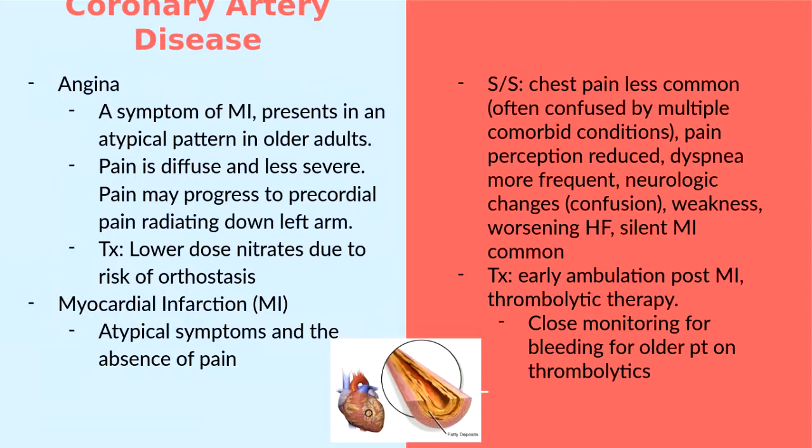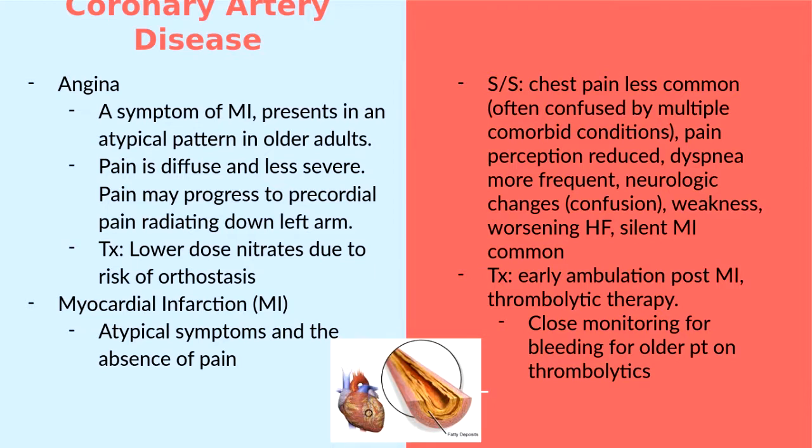Next will be coronary artery disease. Coronary artery disease is also known as ischemic heart disease. It is when the arteries that supply blood to heart muscle become hardened and narrowed, and the prevalence of this disease increases with age.